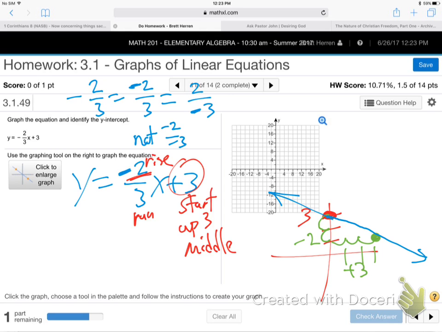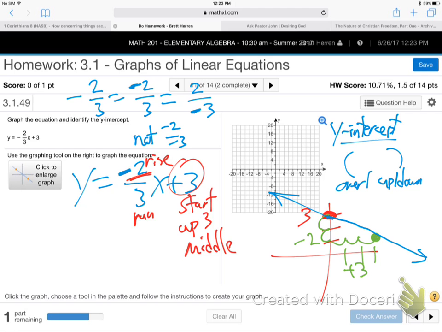And they will also ask, what is the Y-intercept? Can you give me, remember, that's two numbers with a comma in the middle. Can you give me the coordinates of the Y-intercept? Yeah, first number is over, second number is up or down.